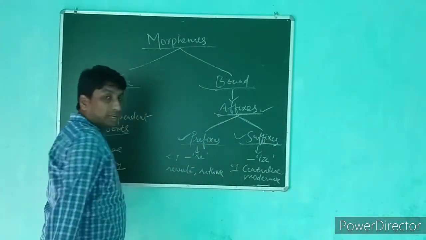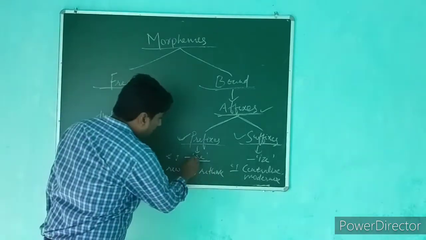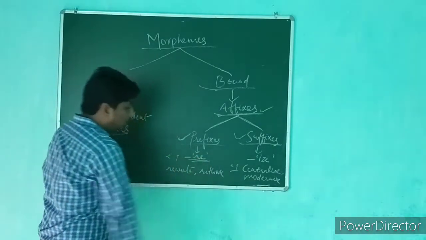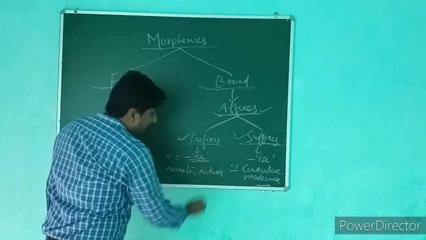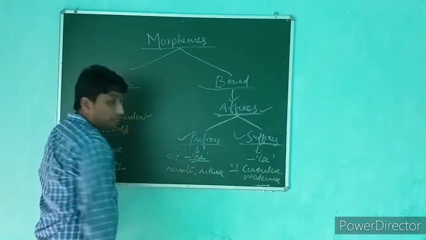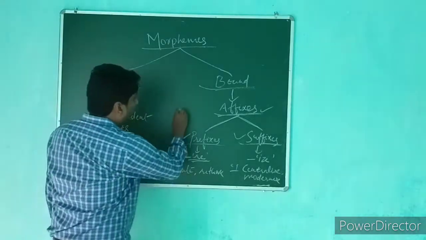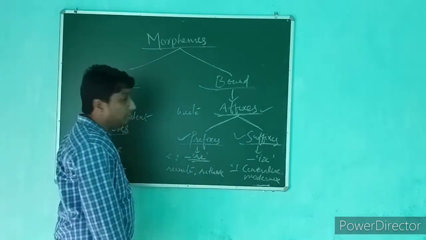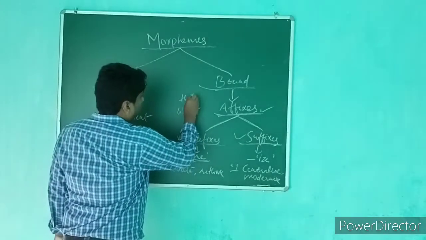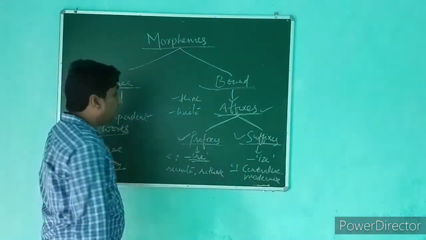For instance, in prefixes we have this prefix re, right? When we use it and attach it before a word, before a free morpheme, like write, which can exist as an independent word, and there is this word think. These two words can exist independently.